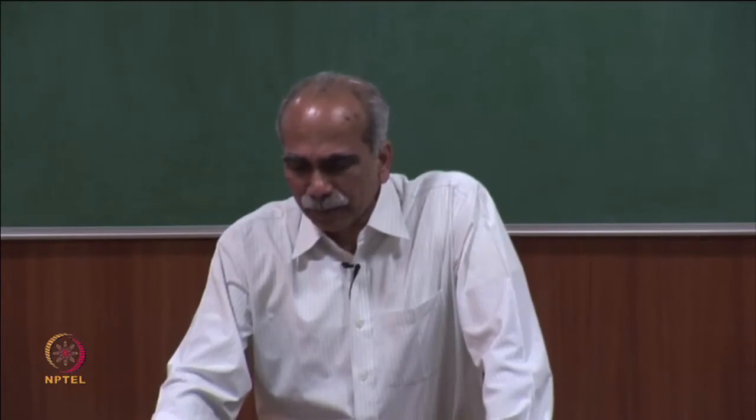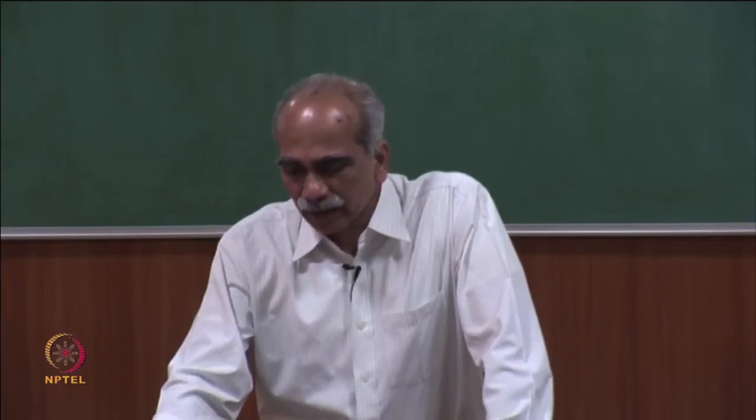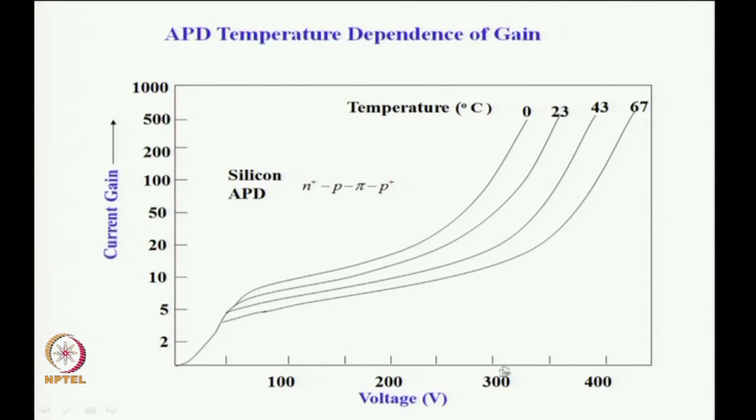Therefore, as temperature increases, the current gain drops down. However, as voltage increases further, the kinetic energy gained becomes sufficiently large, and then it leads to a higher current gain.